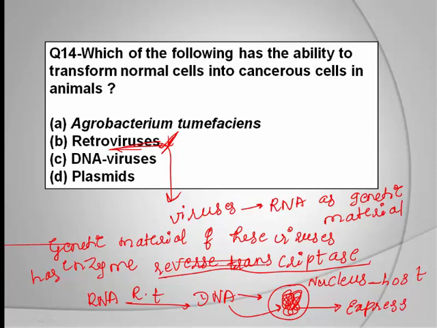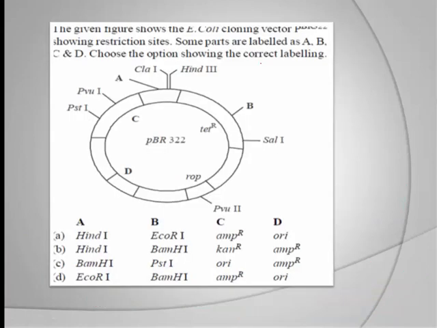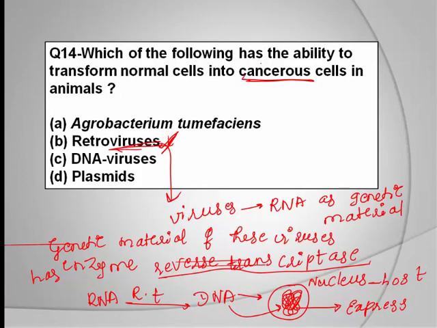That means it produces its own copies. Most of the retroviruses in animals cause cancer. The cancerous cells in animals are generally formed when they are infected by the retrovirus. So the answer is option B.